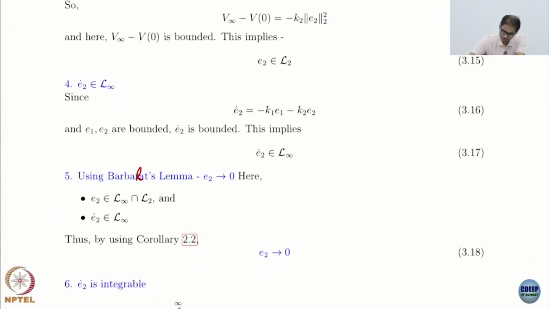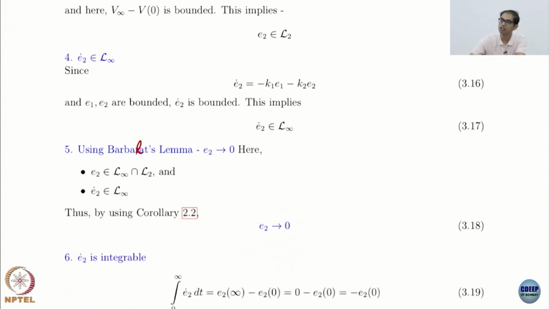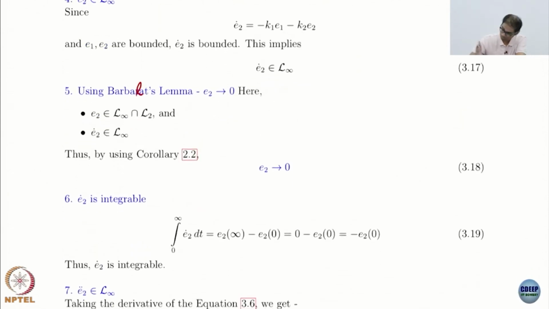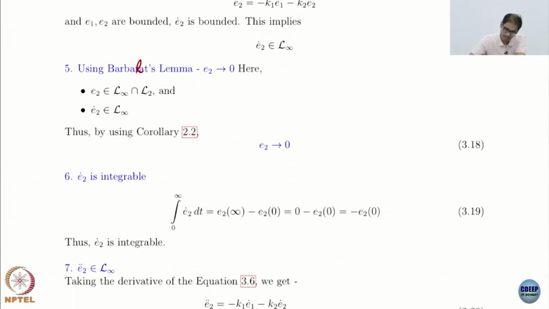So we have done that, E2 goes to 0. Now we want to prove that E1 goes to 0. How do we do that? We start by proving that the derivatives of E2 go to 0. Next steps.